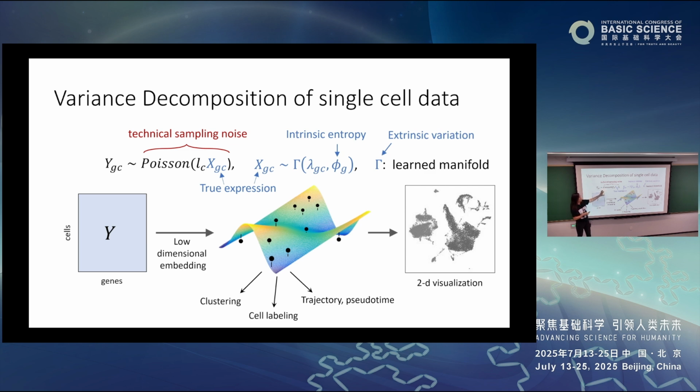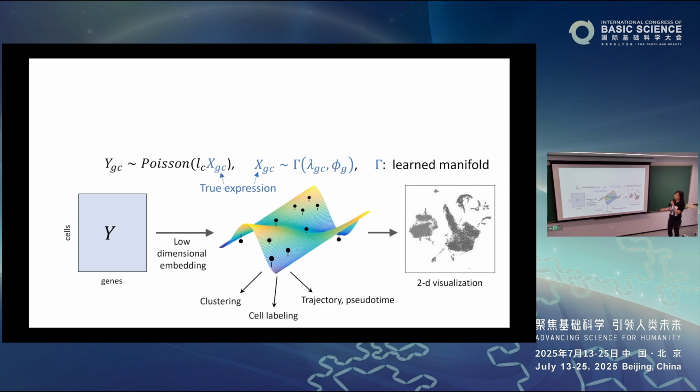And then we had experiments that help convince the reader that the true expression can be modeled this way, with a gene-specific term that we call intrinsic entropy. I'm sweeping a lot of technical details under the rug.